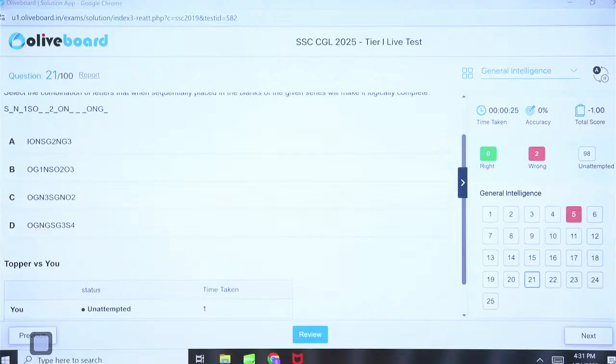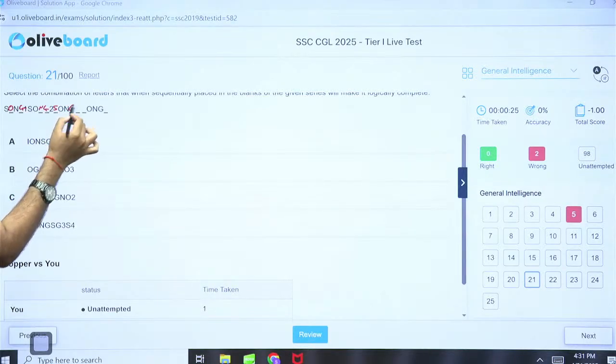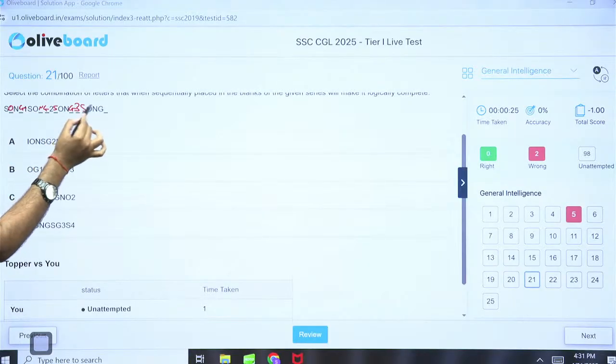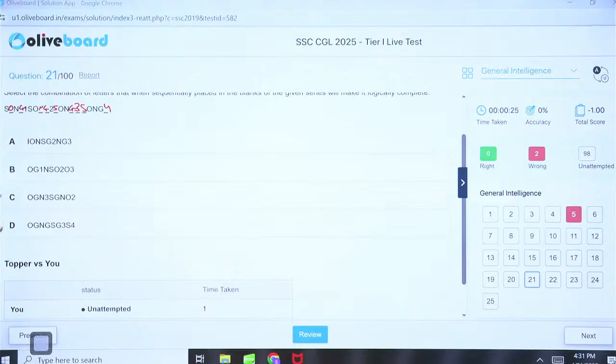This is now, if you solve a lot of questions, it will start coming to you automatically. See, S dash N, then S O, O N. So O N, O N G. So O N G, S O N G. This is S O N G. Now this is song 1, song 2, song. So this will be 3, and song this will be 4. Look at the options. You will get your answer. So O G N G. Option D is the correct answer.